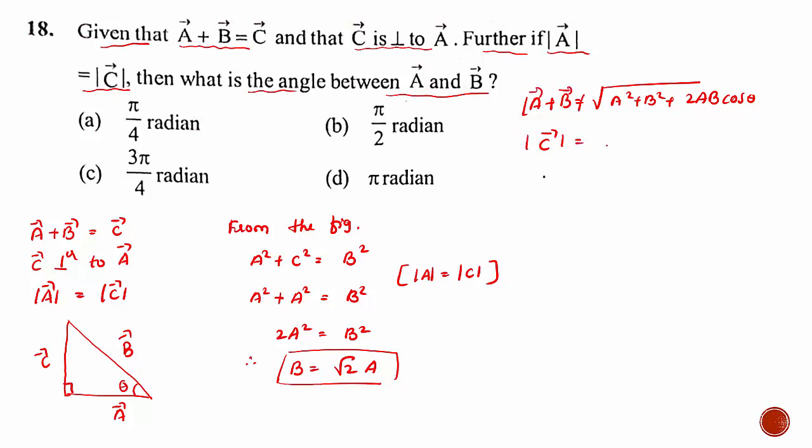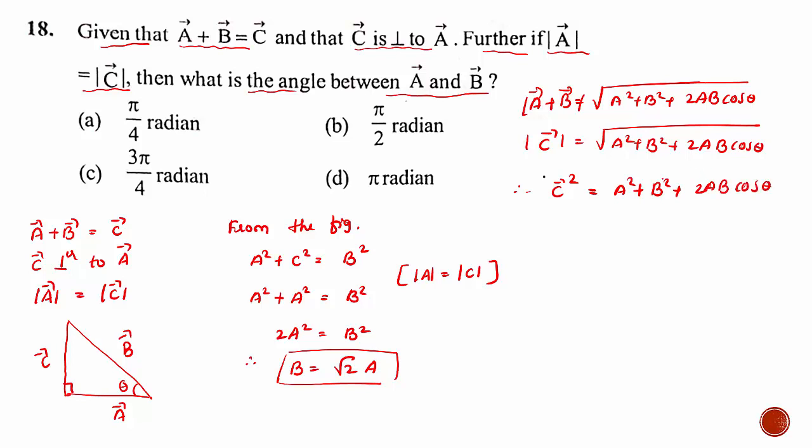So here we can write C equal to square root of A square plus B square plus 2AB cos theta. Or simply we can write C square is equal to A square plus B square plus 2AB cos theta. Now substitute the values. C square means in place of C I can write A.